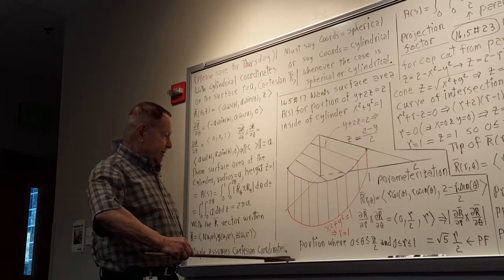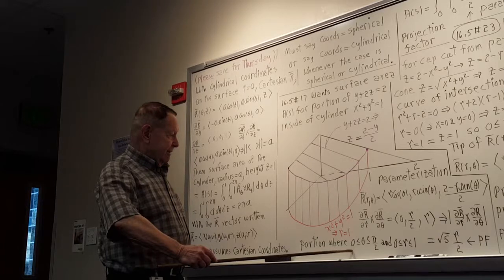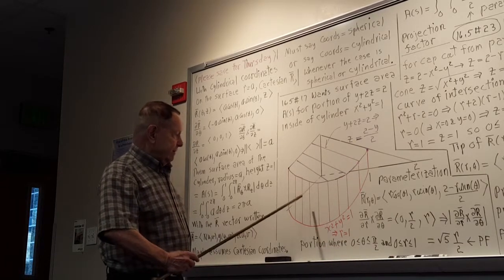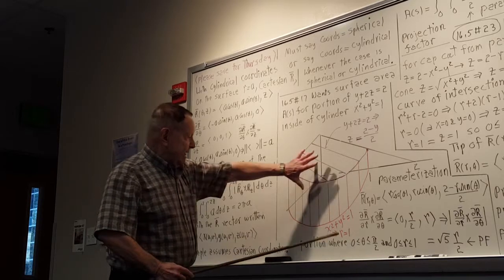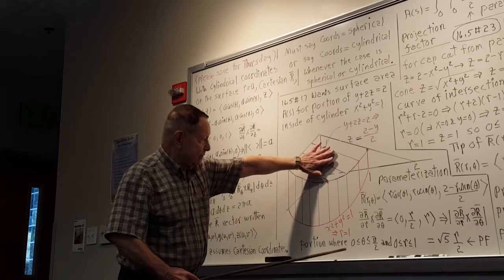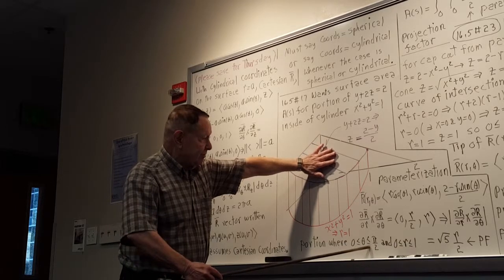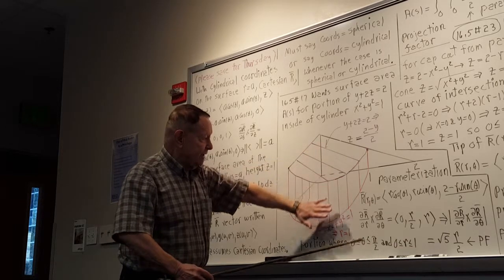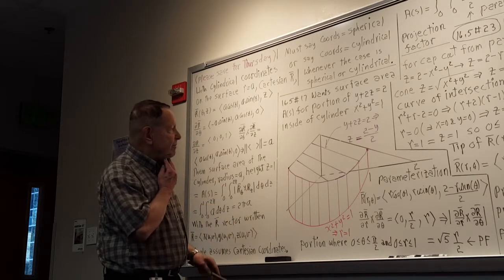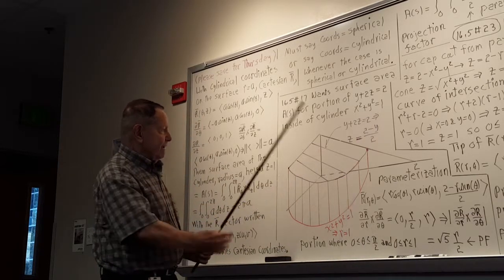So we want the portion of the plane where the angle, what I have shown here is the portion where the angle would be 0 to pi over 2, and where the r would go from 0 to 1.